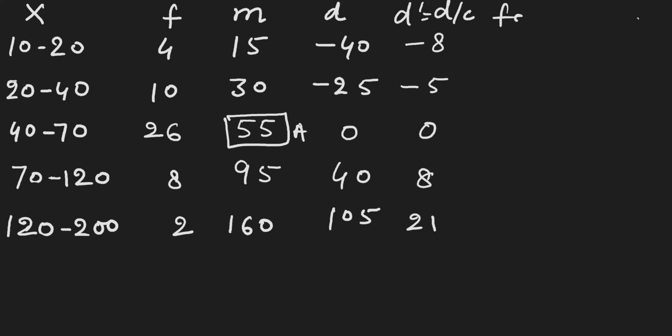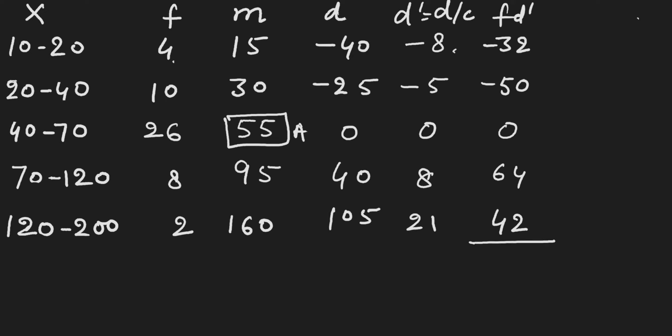Then we will calculate fd dash, meaning we multiply the values of f with the corresponding value of d dash. So 4 multiplied by minus 8 is minus 32. Then 10 multiplied by minus 5 will be minus 50. Then 26 multiplied by 0 will be 0. Then 8 multiplied by 8 will be 64. And 2 multiplied by 21 will be 42.